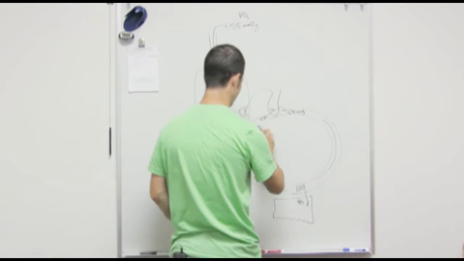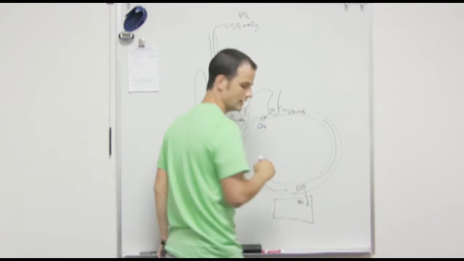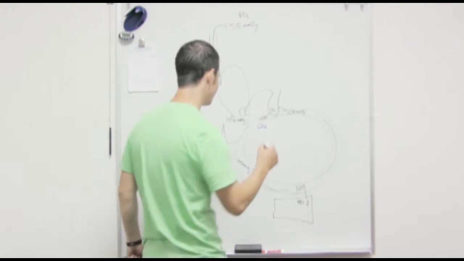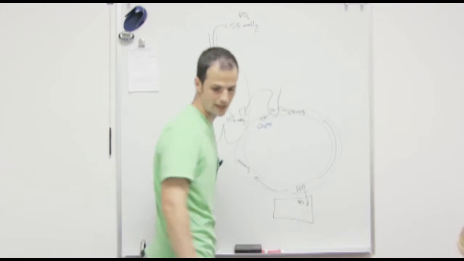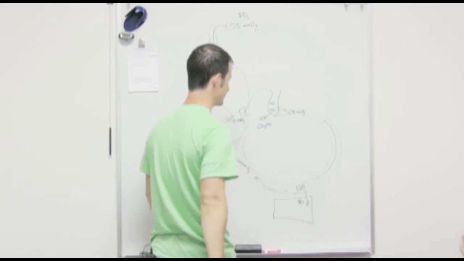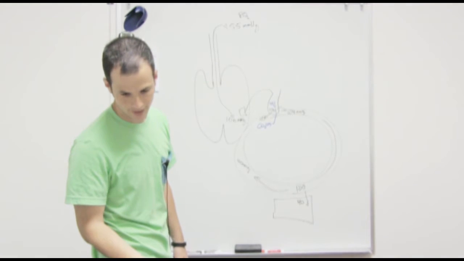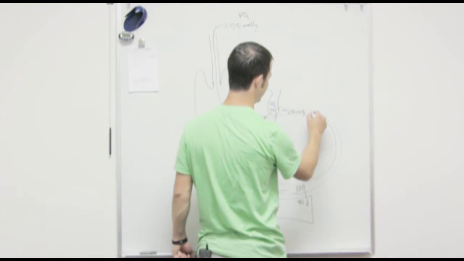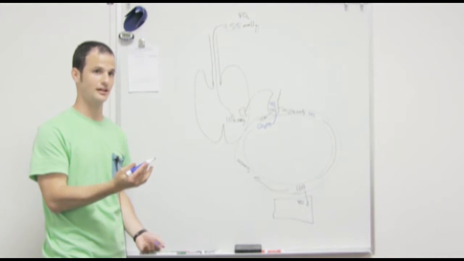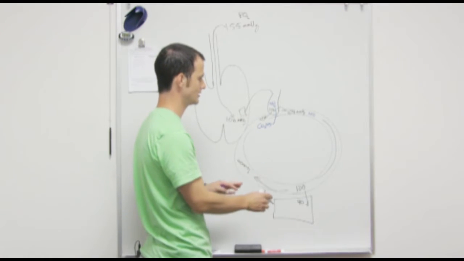So CO2 in venous return is about 45, and in the alveoli it's about 40. So CO2 is going to want to go this way, right? And then we end up with 40 over here. So it's not as big of a change as oxygen, and this diffusion isn't happening as rapidly as oxygen.